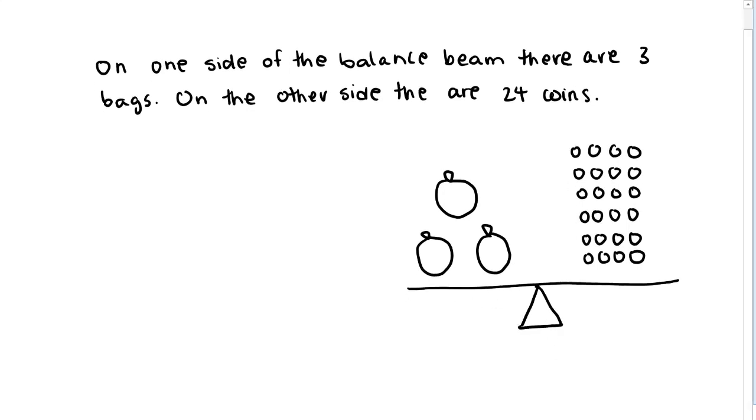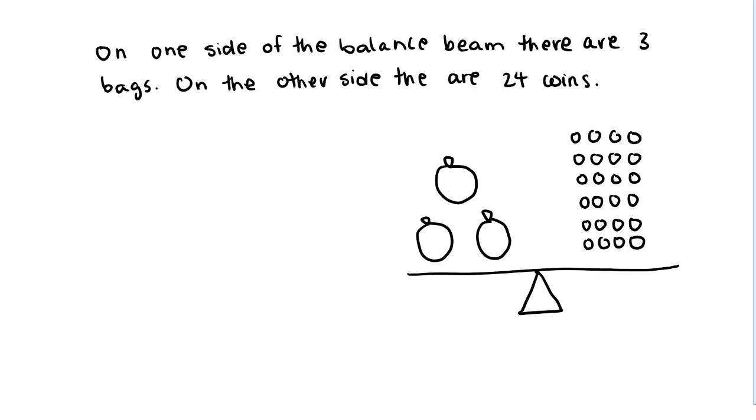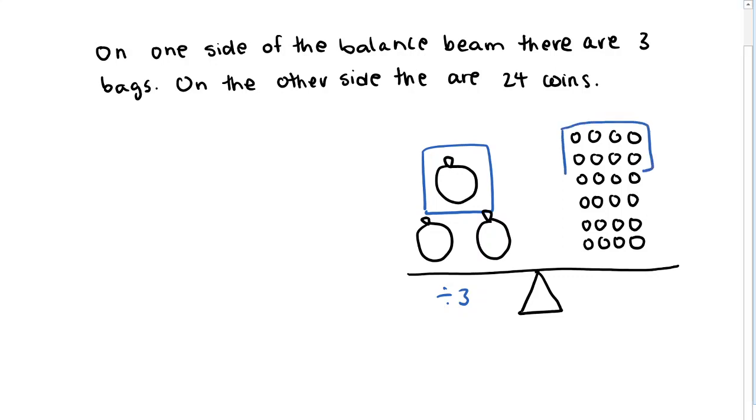But one thing I can do is recognize that the left side just contains 3 bags, and so I can divide that away to look at 1/3 of the weight as being the same as 1 bag. And if I look at the right side, and I look at 1/3 of that weight, well, 1/3 of 24, or dividing 24 by 3, gives me 8 coins.